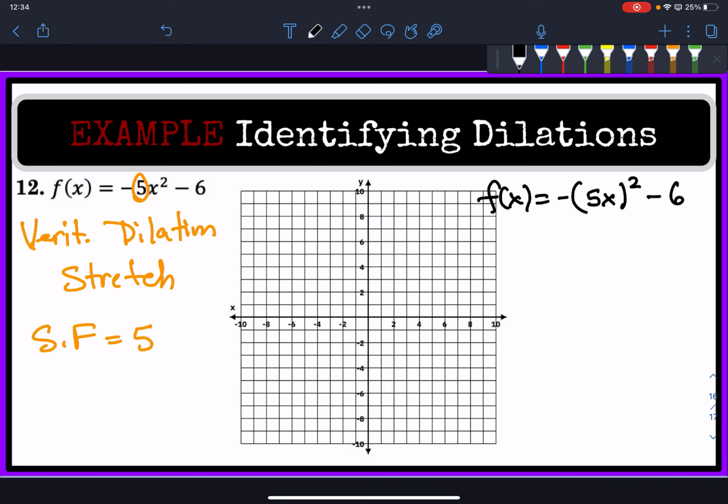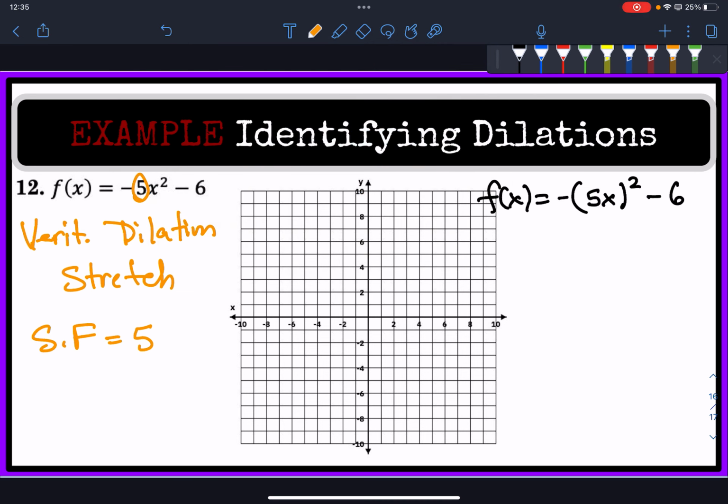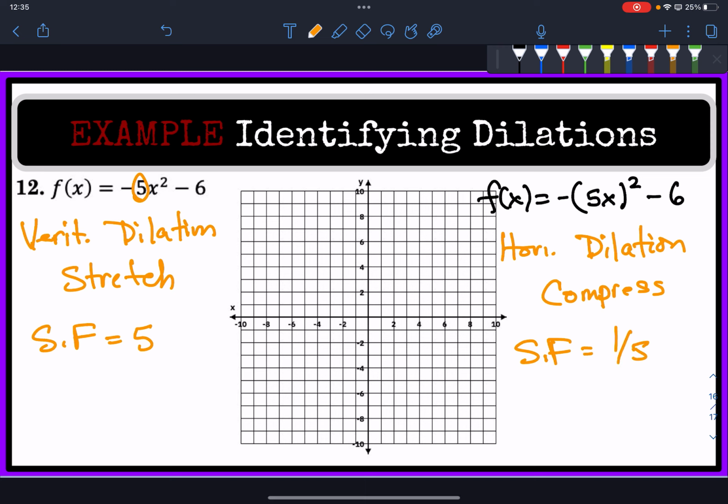But if it was like this, if the 5 was on the inside, grouped with the x and then raised to the second power, like here on the right, then this would be a horizontal dilation, and multiplying by 5 would compress it, because the scale factor is the reciprocal of this. The scale factor is 1/5.